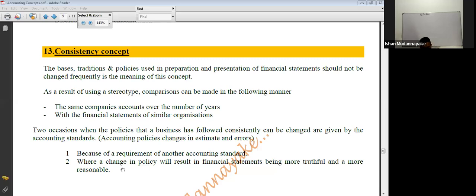Then we can change the accounting policy. Why? If we can show the financial statements in a better condition than with the existing method, then we can change.